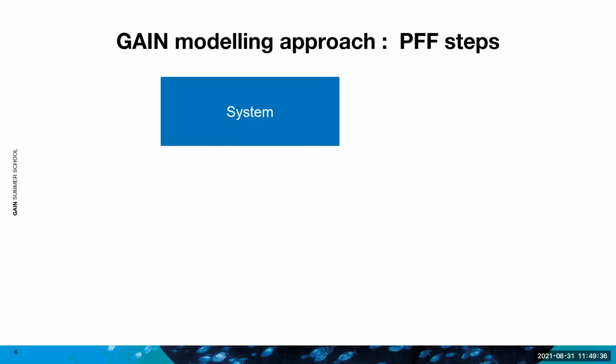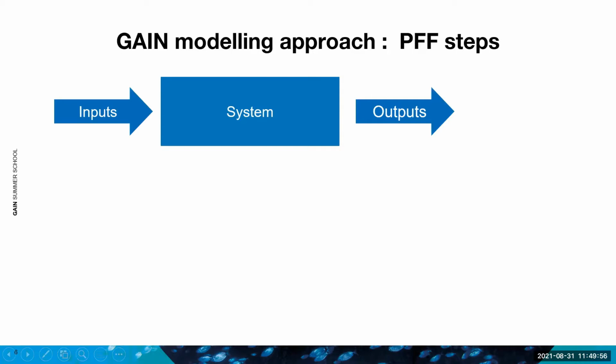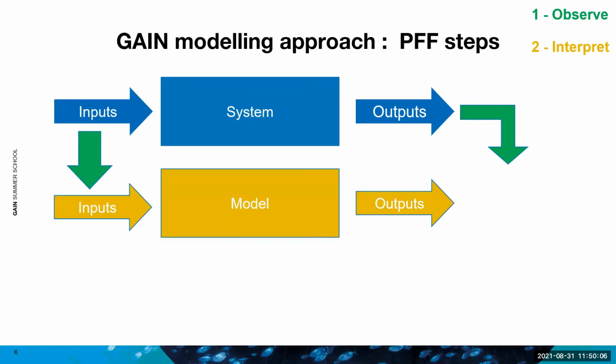So if we go back to our modeling approach, precision fish farming involves some very important steps. You've got your system, with inputs and outputs, and the first step is to observe your system. Then you need to interpret what you observed, so you need a model to interpret it.